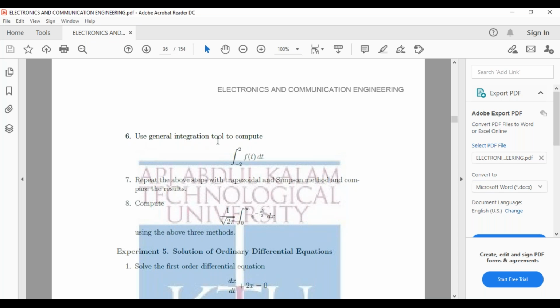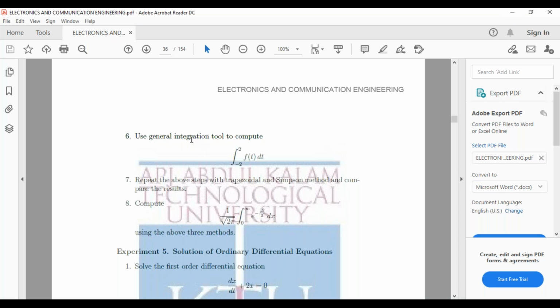Then use the general integration tool to compute the integral from -2 to 2 of f(t) dt. Then repeat the above steps with the trapezoidal and Simpson methods and compare the results. We will see the Simpson method and trapezoidal method.